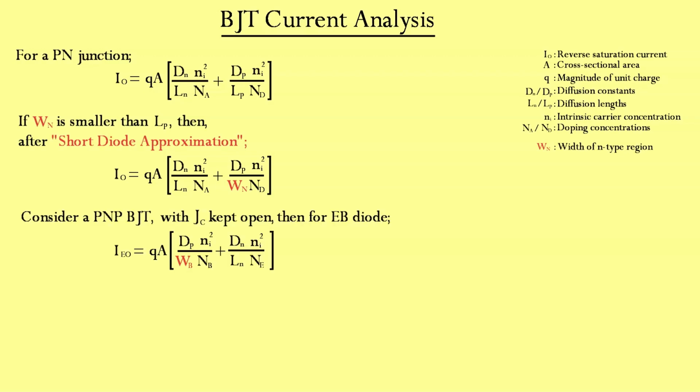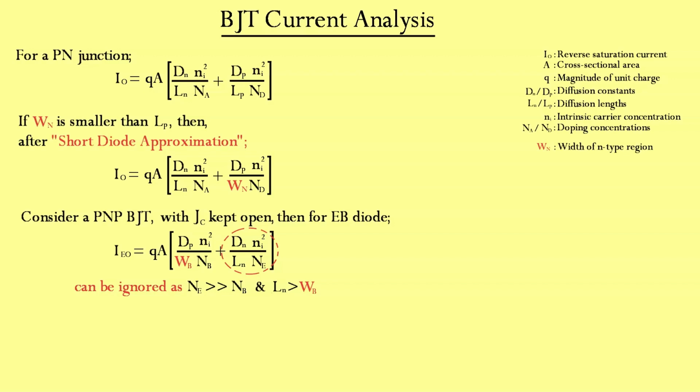Now consider a PNP BJT where the collector is kept open. In this case, the reverse saturation current of the emitter-base diode can be written as follows. The second term can be ignored as the emitter concentration is significantly greater than the base concentration and the diffusion length of free electrons is also greater than the base width.